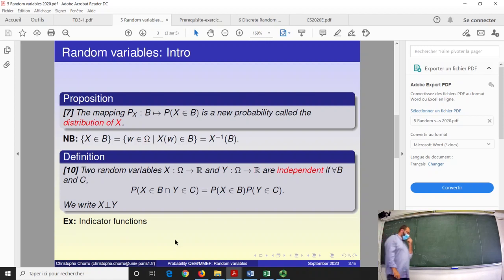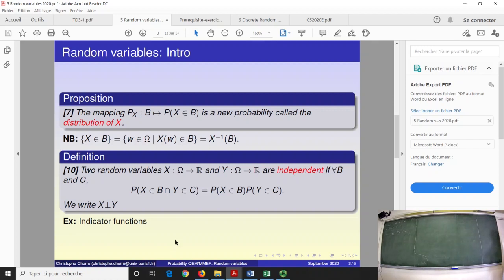Okay? So in general, it has nothing to do with disjoint. And typically, you see that if you are independent and disjoint, it means that at least one of them has to be equal to 0, because the probability of the intersection in the case where they are disjoint is 0. So this is to be independent for sets.